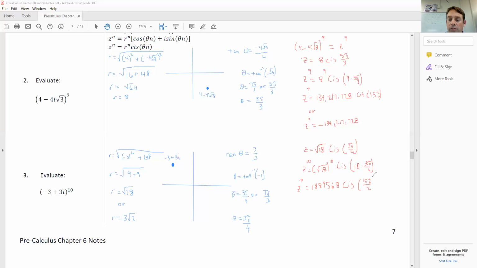So 15 pi over 2, that's equivalent to 3 pi over 2. So that is 0 plus -1i. So if I wanted to, I could make this go a little bit further. You don't have to do this. But if I wanted to, I could go a little bit further, and make this -1,889,568i.